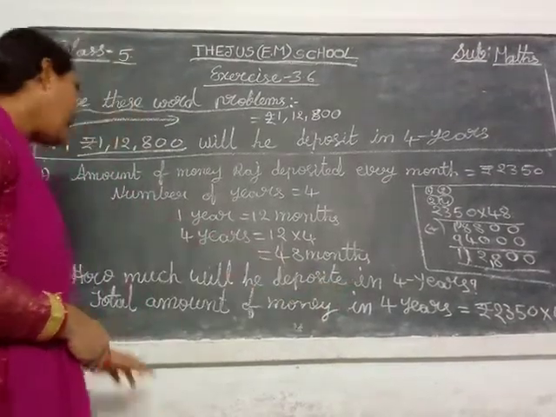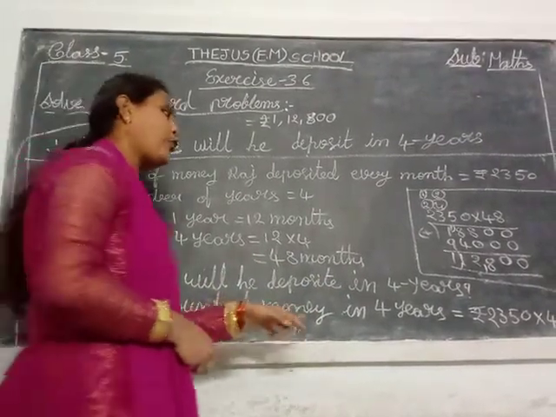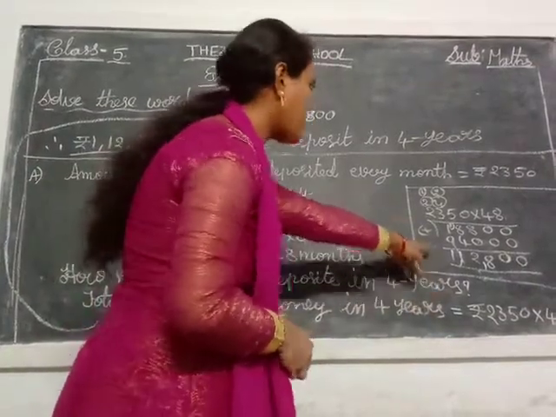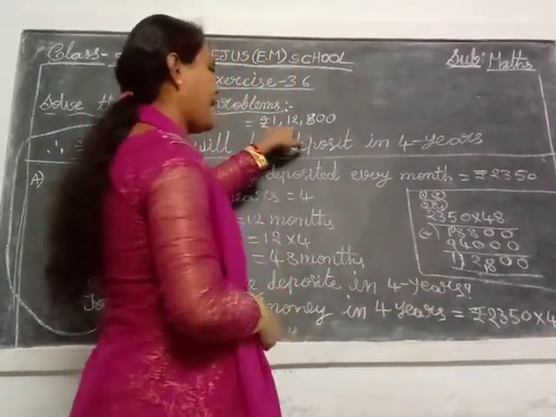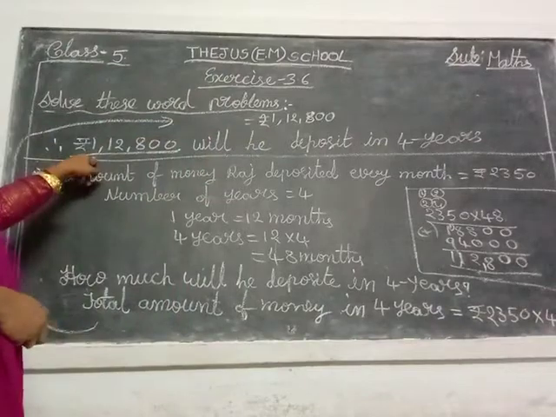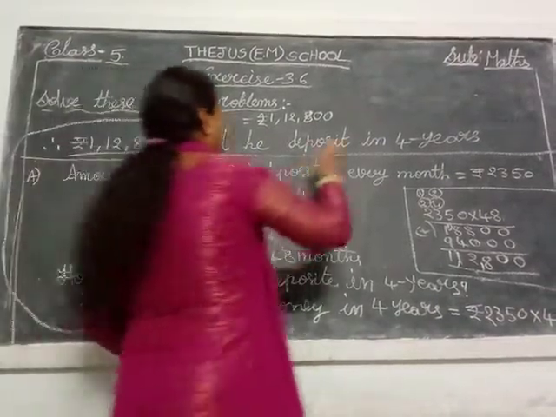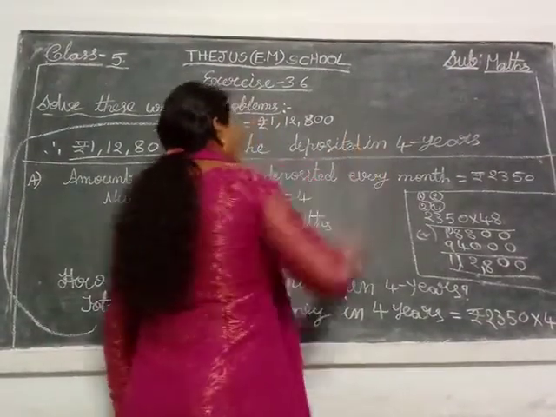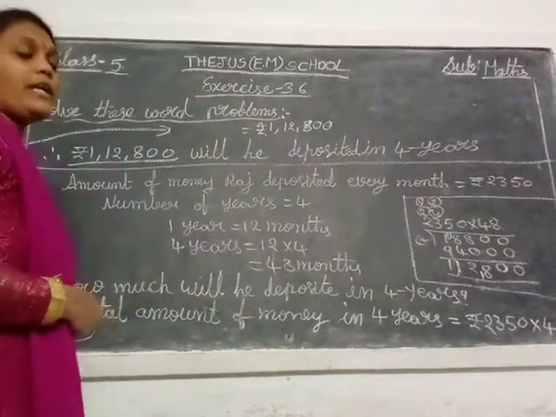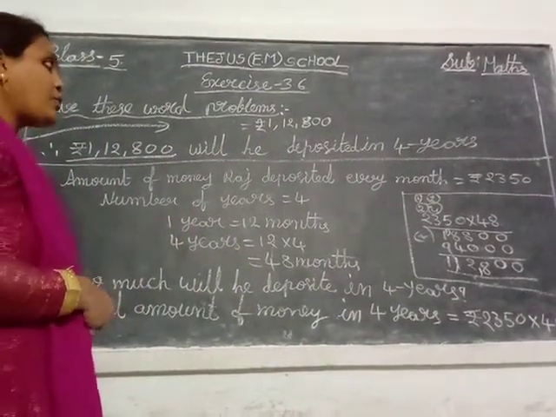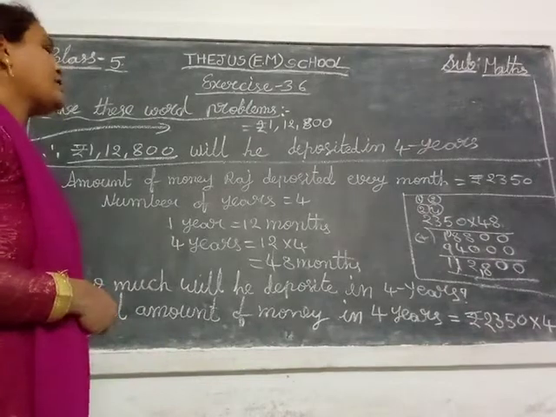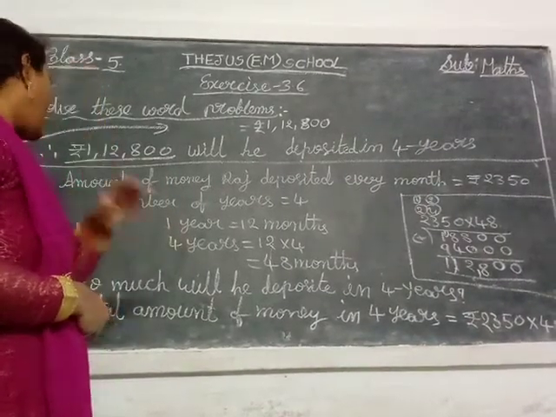You find out the total amount of money in 4 years. You do the multiplication, and the answer is 1,12,800. So 1,12,800 rupees will be deposited in 4 years. Okay children, note this in your notebooks and see in your textbook. The question is in your textbook, write it in your notebook, and this is the solution.